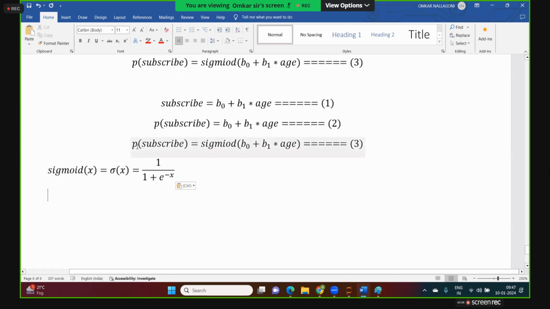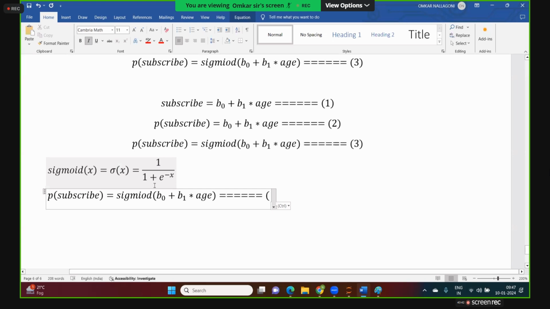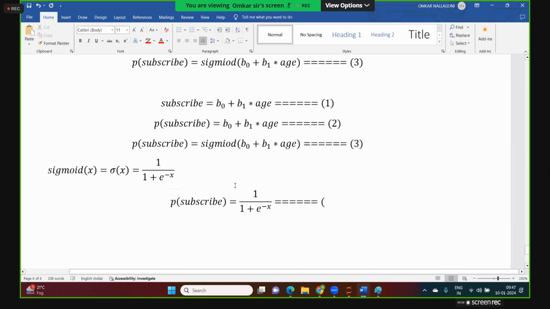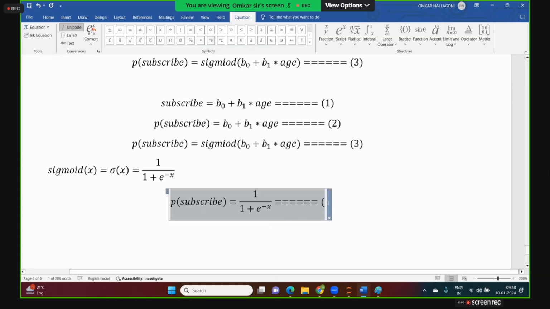Now tell me, what is the final equation? How will the equation turn out? P of subscribe equals 1 by 1 plus e to the power of minus x. And instead of x, what is there now? Very good.